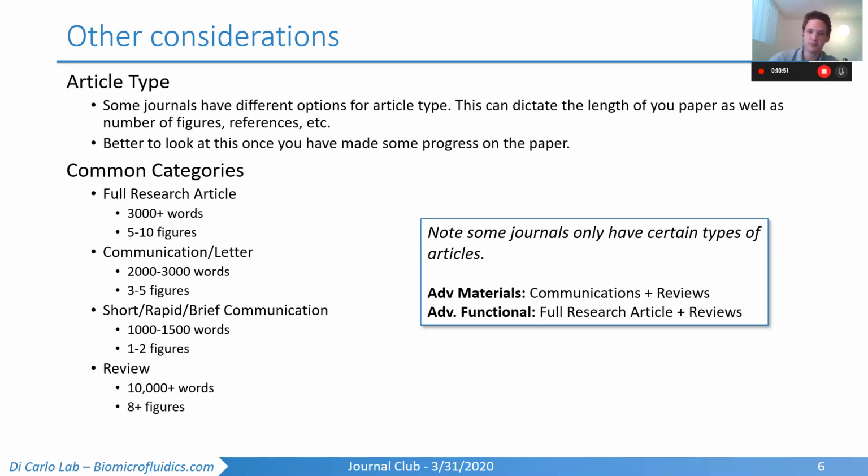Whereas Advanced Functional Materials is a journal that has only full research articles and reviews. They don't do communications. So this is just something to keep in the back of your head so that you don't waste time thinking you're going to submit somewhere, and then realize while submitting that your paper is 2 times longer than the word limit.